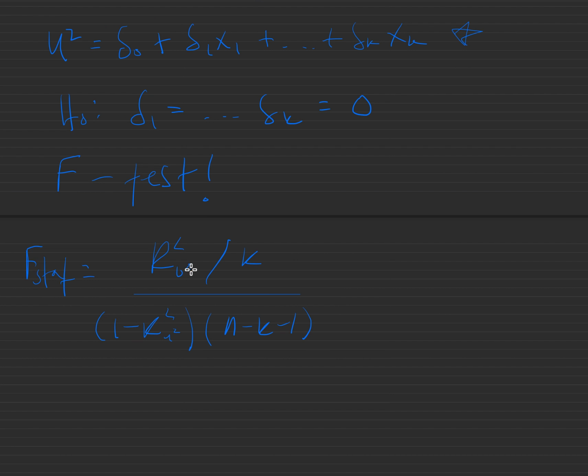The r squared u squared would be the unrestricted r squared. The restricted r squared would be 0 because we are restricting all of the explanatory variables equal to 0. And that's why k is equal to q.